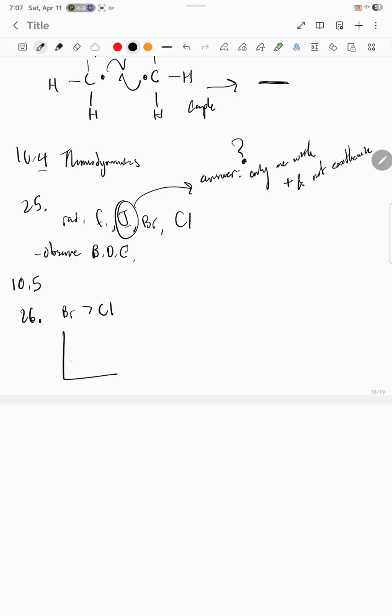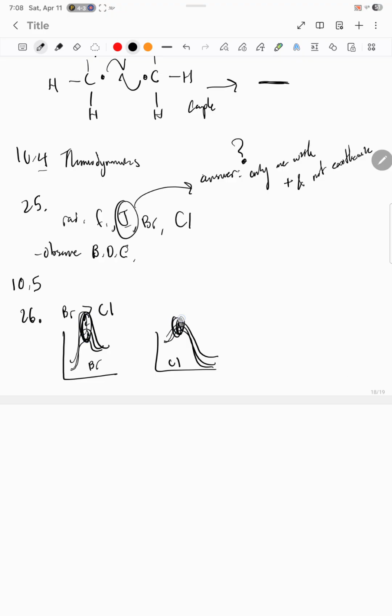The reason why is, this is what bromine looks like, and this is what chlorine looks like. Also, bromine has higher differences in transition state energy, activation energy, whereas for chlorination they're pretty much the same.